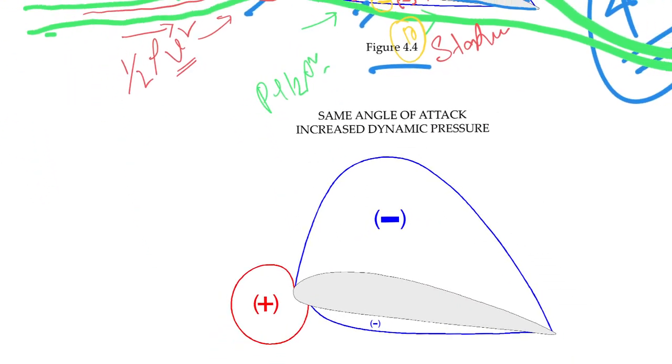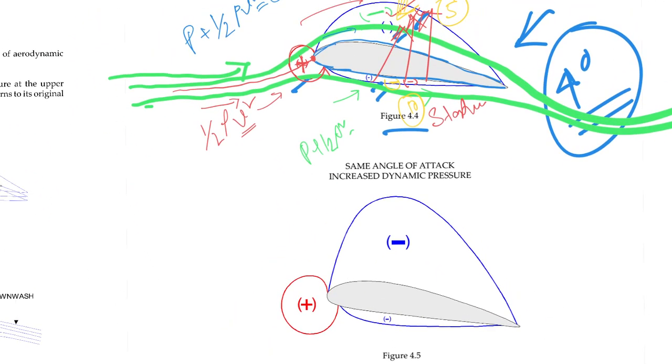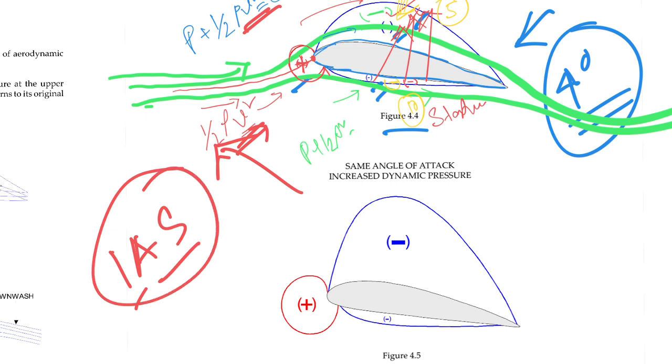Now what is happening here? You see, now half rho V square, the V is the velocity, right? Now if your aircraft is moving faster, that means higher IAS, indicated airspeed. If it is moving at a high speed, what will happen? The flow of the air will be more, the molecule hits will be more. So you see this positive pressure over here will be bigger.